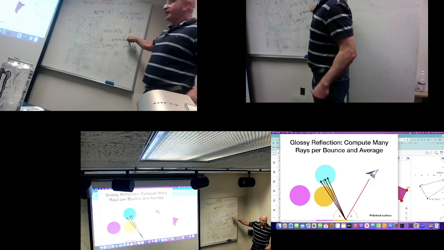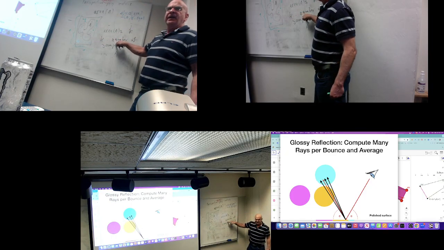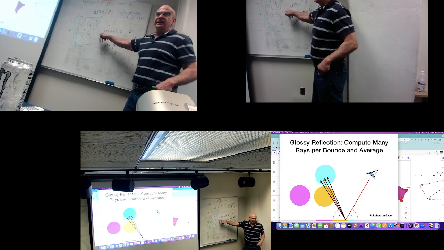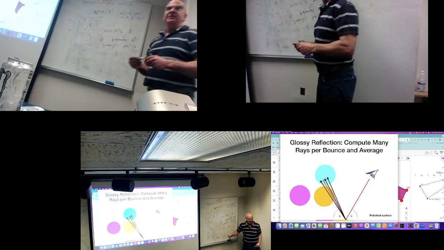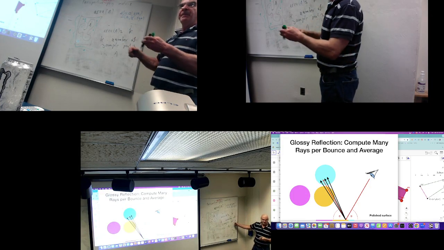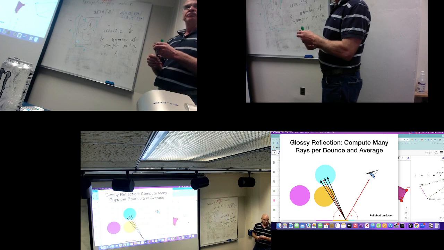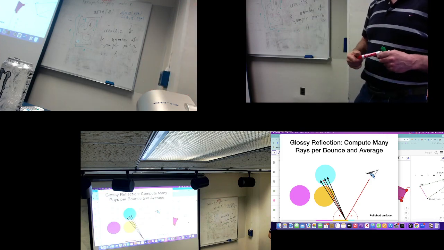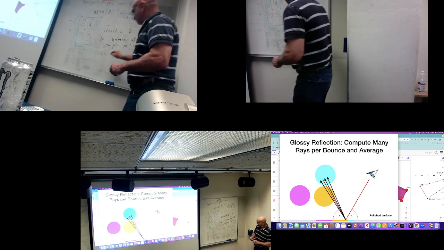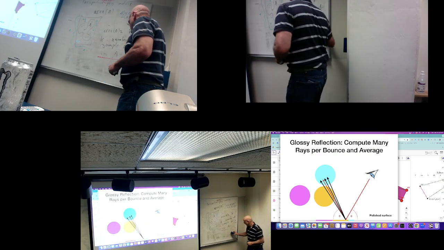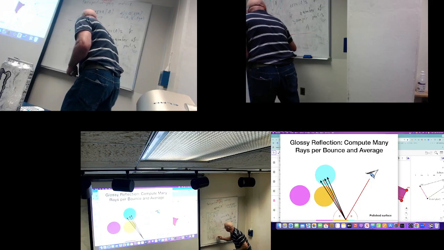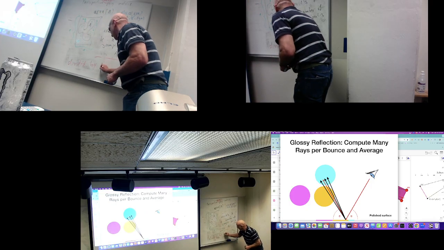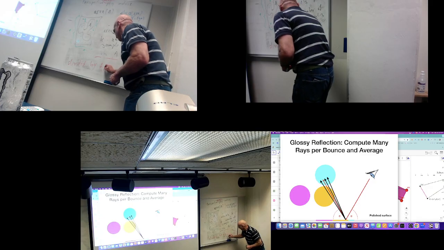the area of A, if this is 1 by 1, would be K, what? It's the number of sample points that actually fall inside A. That's of course wrong. If that's 1 by 1, then the answer should be divided by the total number of sample points.